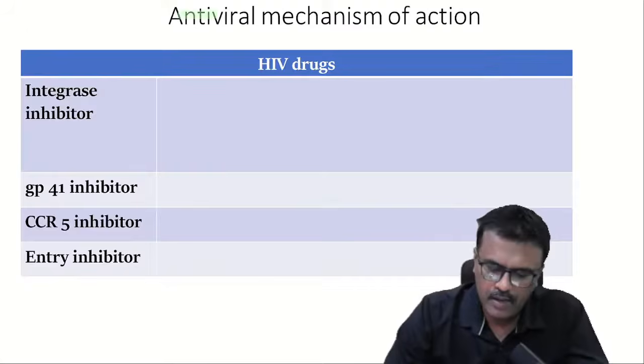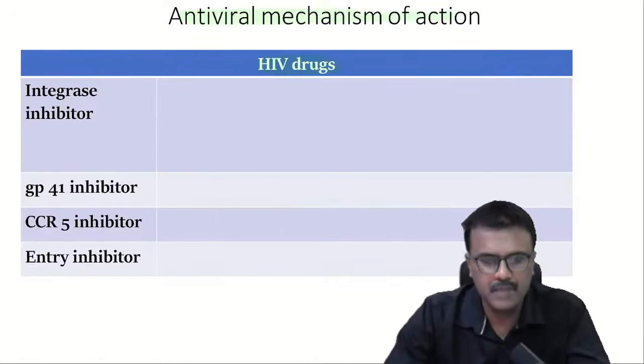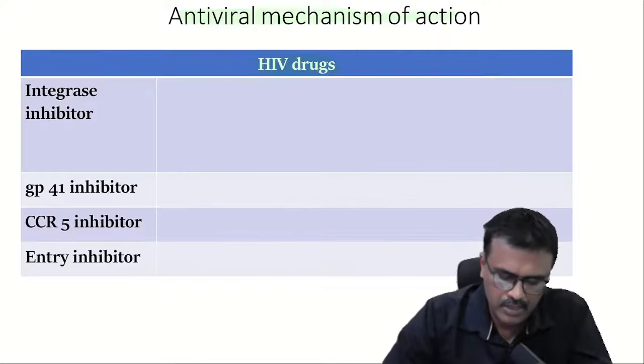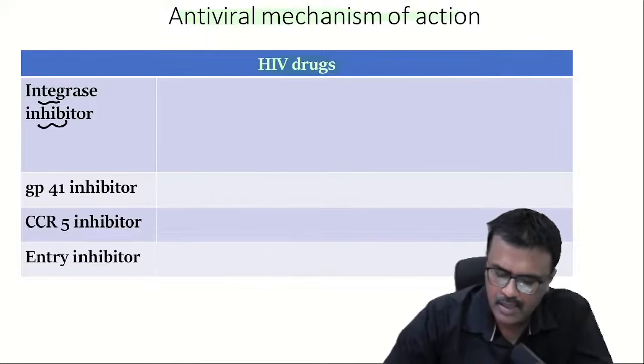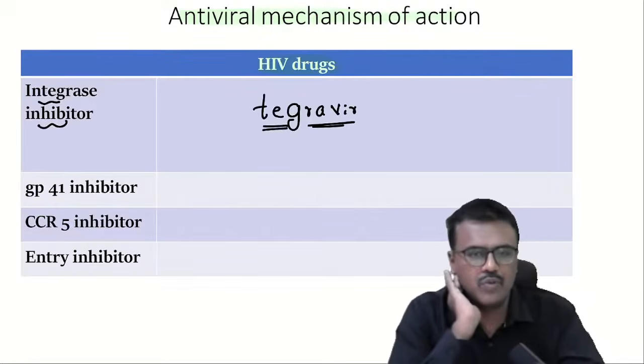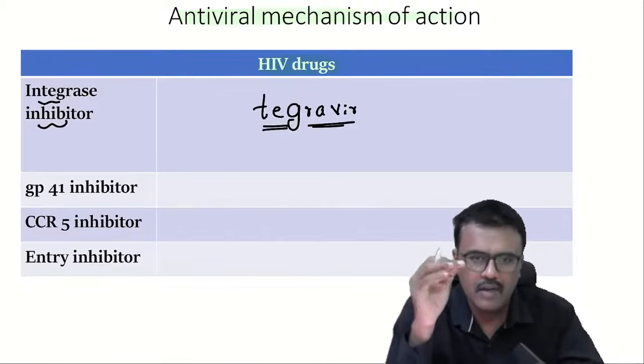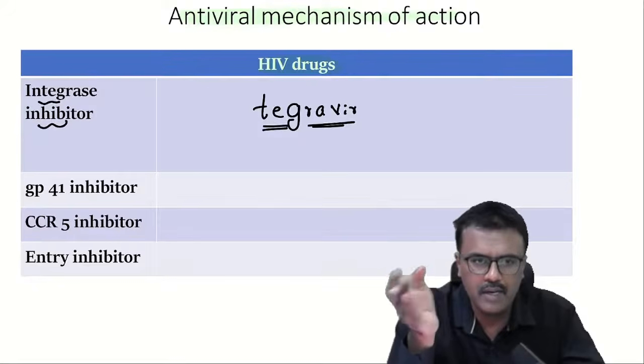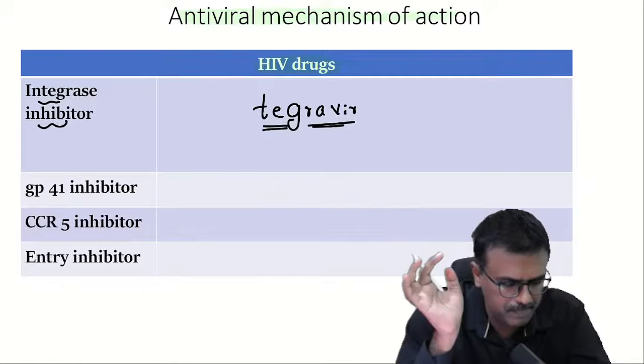Coming to antivirals and the mechanism of action, first we'll take up HIV drugs. First one is integrase inhibitor. Integrase inhibitors end with gravir, or you can remember as tegravirs. So they end with tegravir: raltegravir, dolutegravir, bictegravir, they are all integrase inhibitors.